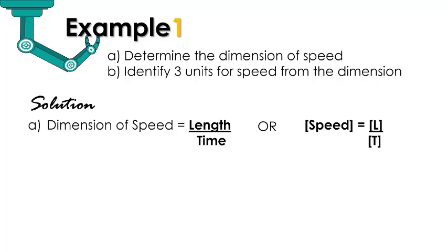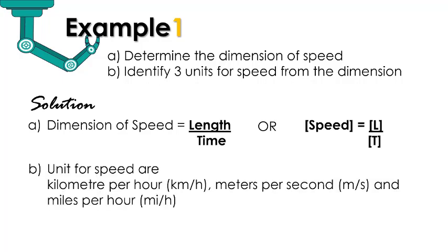Therefore, dimension of speed is L over T. The units for the speed must follow its dimension, that is, the unit of length over the unit of time. Therefore, 3 possible units for speed are kilometers per hour, meters per second, and miles per hour.